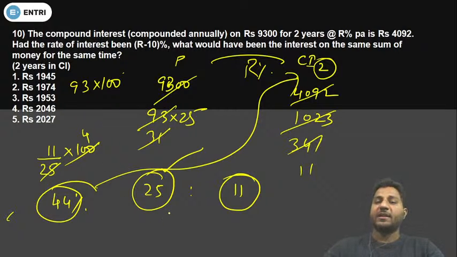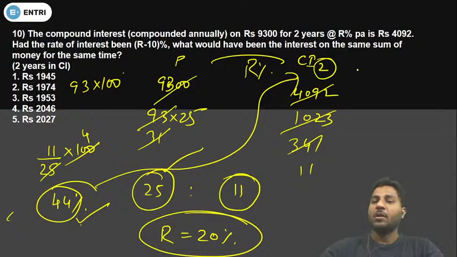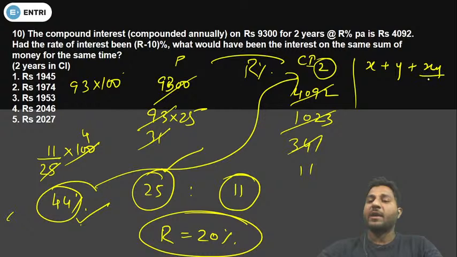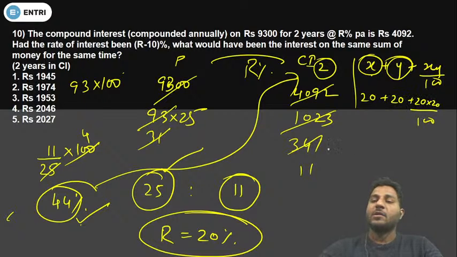If we say that after 2 years we will be getting 44% interest, that means your rate percent has to be 20%. How? As we all know the formula x plus y plus xy by 100. If we take the value of x and y as 20, we will arrive at 44% after 2 years, because it is a successive method.